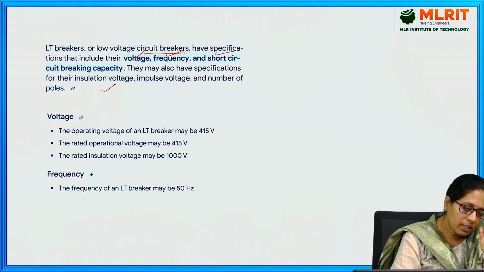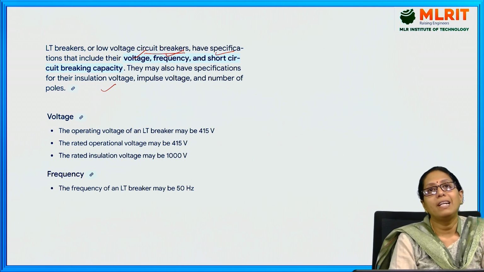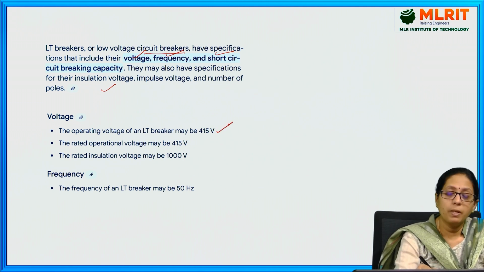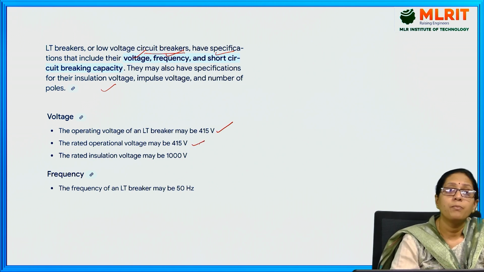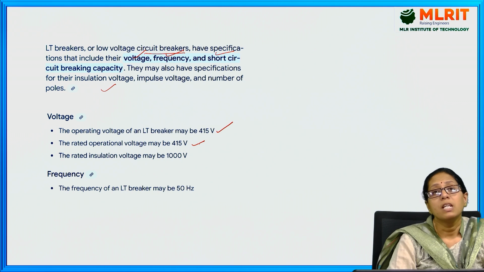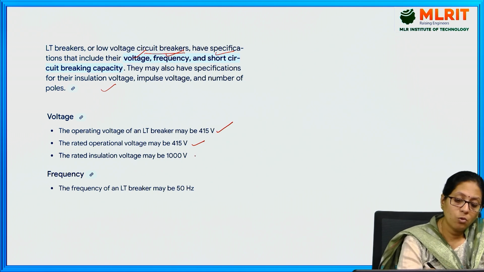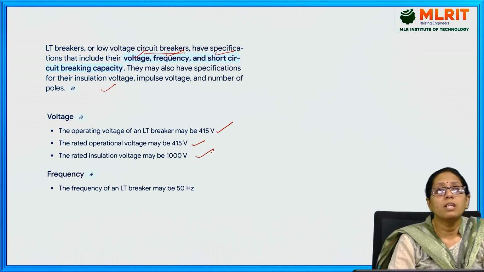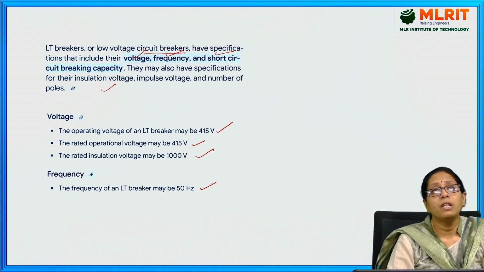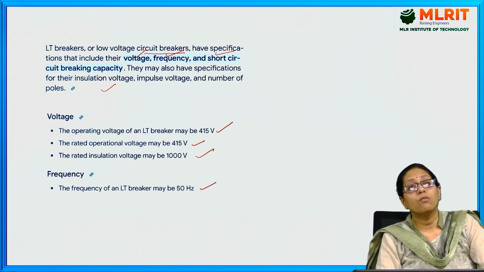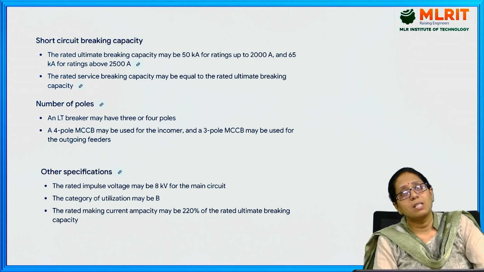The operating voltage of an LT breaker should be around 415 volts, and the rated operating voltage may again be 415 volts. The insulation voltage may be 1000 volts. The frequency is always 50 Hertz. So these are the voltage as well as frequency specifications.